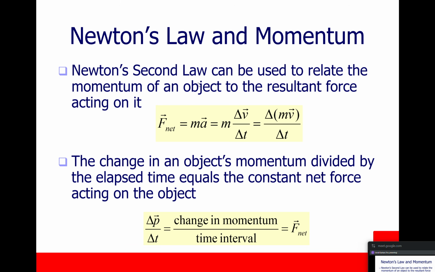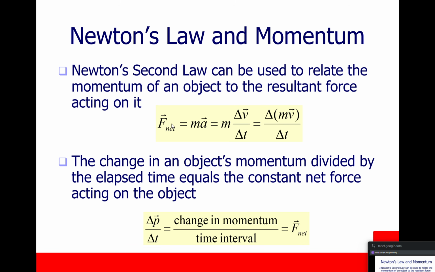Importantly, you must know the relationship between Newton's law of motion and momentum. The Newton's law concerned here is the second law, which relates the momentum of an object to the resultant force.